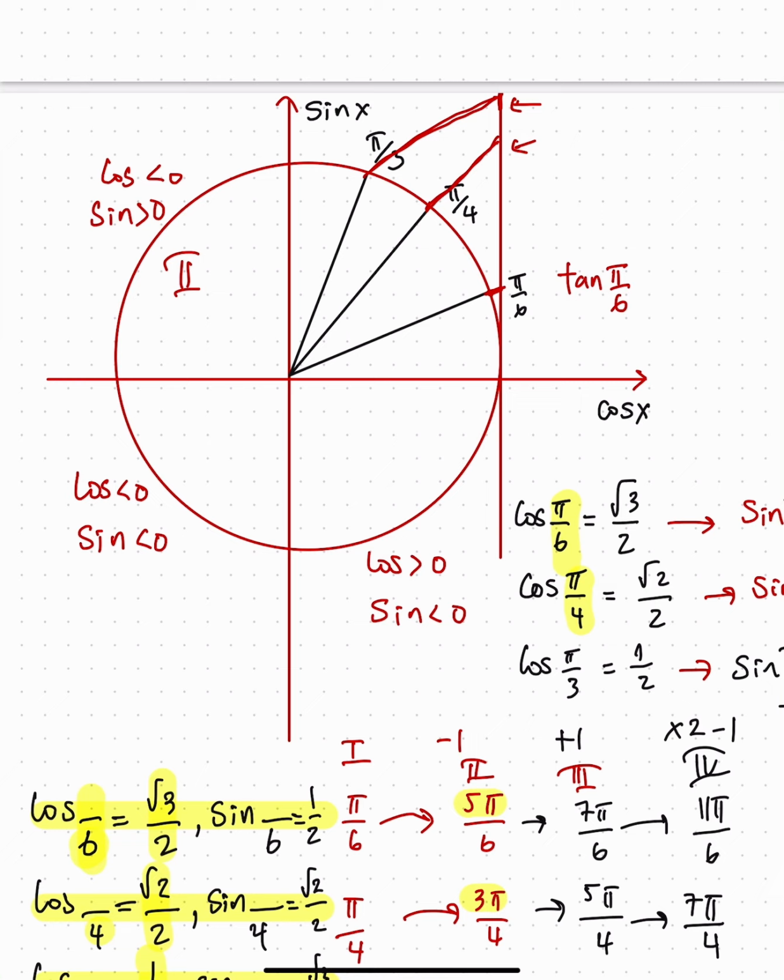Equal to sine pi over 6 over cosine pi over 6, so it is 1 over square root 3, or square root 3 over 3. So for the closest, the angle that stays closest to the tangent, it is 1 over square root 3. For the middle, it is 1, but for this one, it is square root 3.